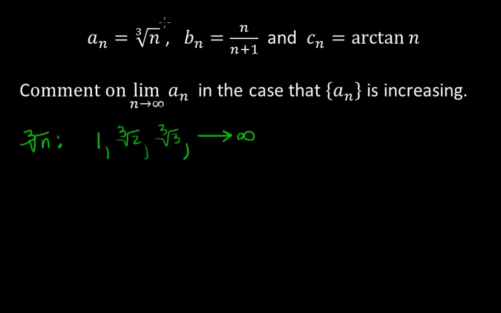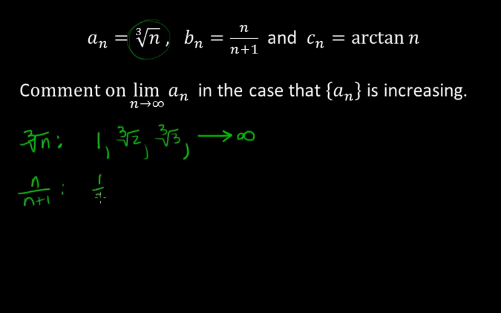These are all increasing sequences. So it is a monotonic increasing sequence, and it diverges. And the only way it could diverge, the only way it could not have a limit, is to become arbitrarily large without bound.